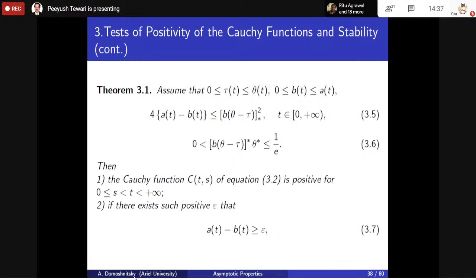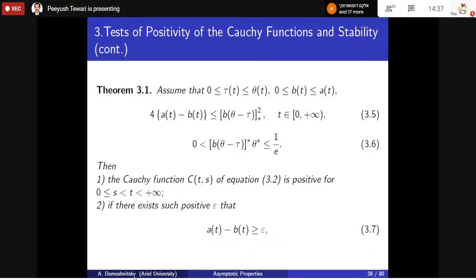And what do we have to require? We have to require that the difference of delays, theta minus tau, is sufficiently small, such that condition 3.6 is fulfilled, and the difference between the coefficients is also sufficiently small.